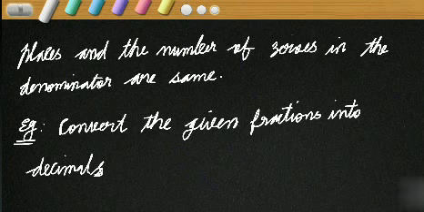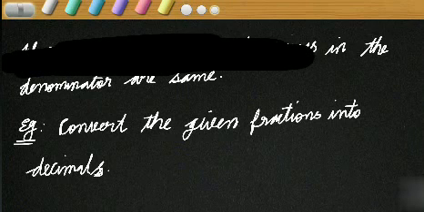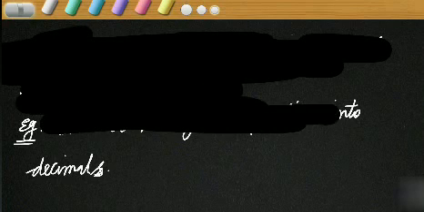Convert the given fractions into decimals. Okay, so write down the first question. 601 by 100. Question number A. 601 by 100.